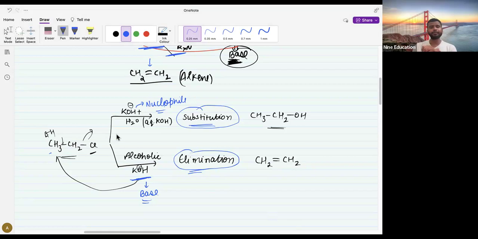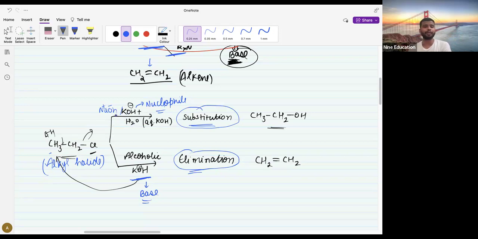It's so simple, beta. Whenever we have an alkyl halide, and I put in that alkyl halide any base with OH minus, such as NaOH, KOH, barium hydroxide, aluminum hydroxide, this OH minus will act as a nucleophile.